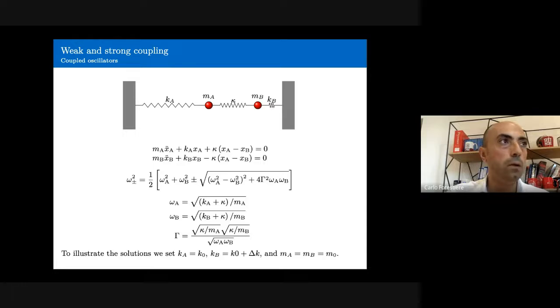They are described by these two classical equations, which are coupled by this parameter k. So we can make this conceptual experiment if we take fixed the first spring constant, and then we vary the second spring constant.